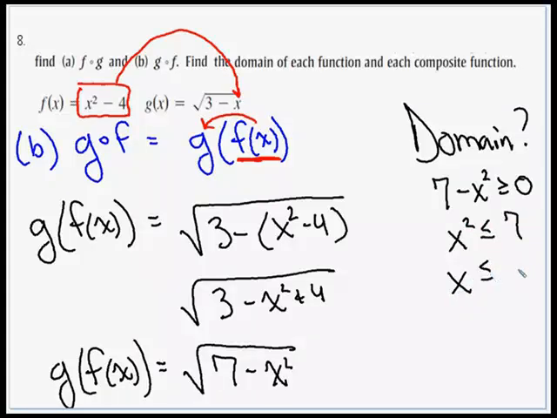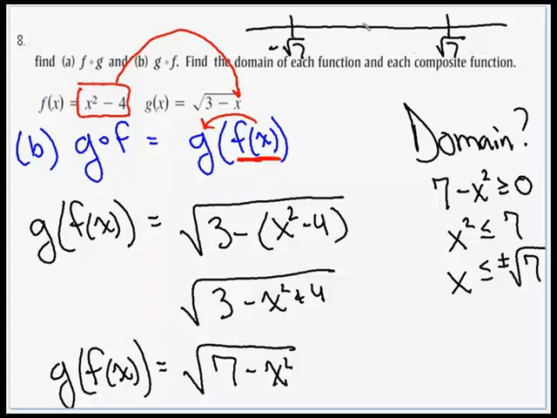X must be less than or equal to plus or minus the root of 7. So if we think about this on a number line, we have plus the root of 7 and minus the root of 7, and 0 would be right in the middle. This is our domain. Any number between, up to and including, the square root of 7 and the negative square root of 7.